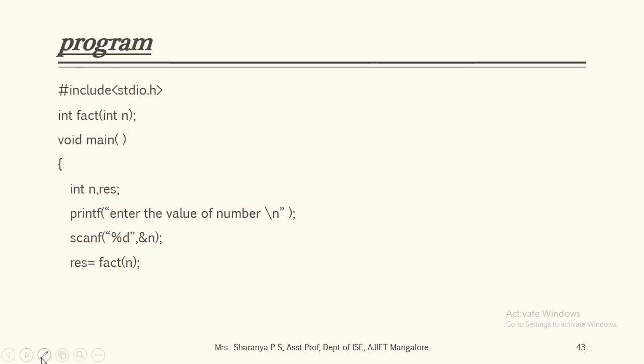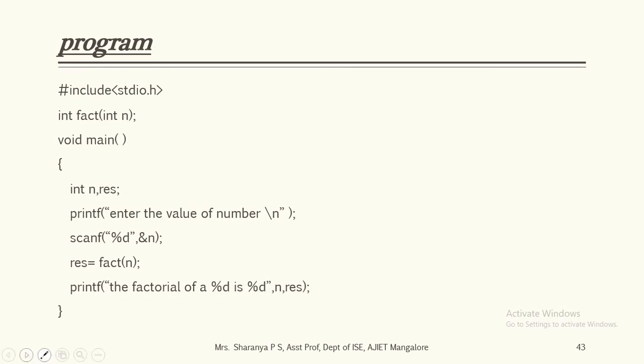And this is what we call a function call, that is fact, and we are passing the argument or the parameter n. The function is called from the main function. Next, after we get the result from this function, we are printing the result back onto the screen, that is, the factorial of a given number, whatever it is computed, will be displayed onto the screen.